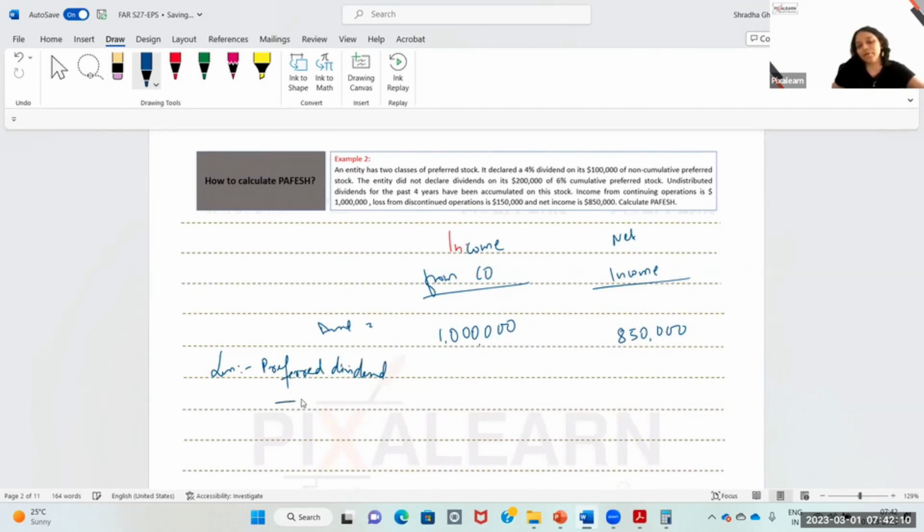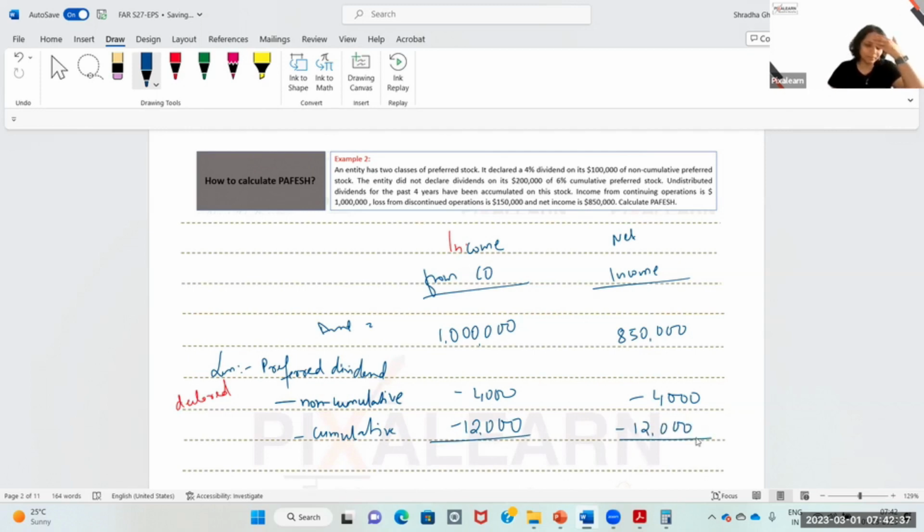I will reduce preferred dividends on non-cumulative shares, only the part which is declared, which is $4,000. Okay, so this is the declared part. And for cumulative shares, every year I will reduce the entire amount of dividends, whether declared or paid or not. Is this clear?